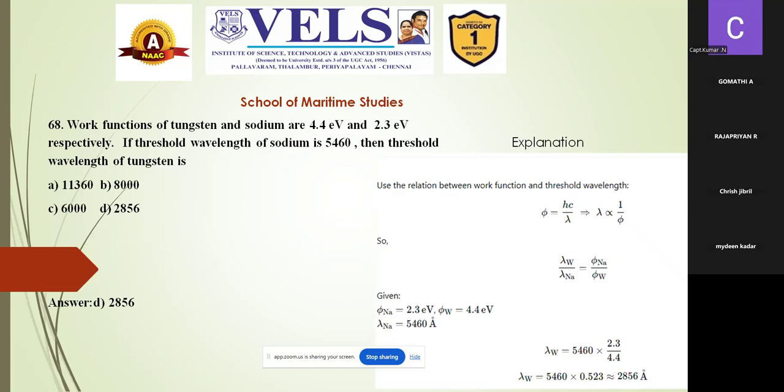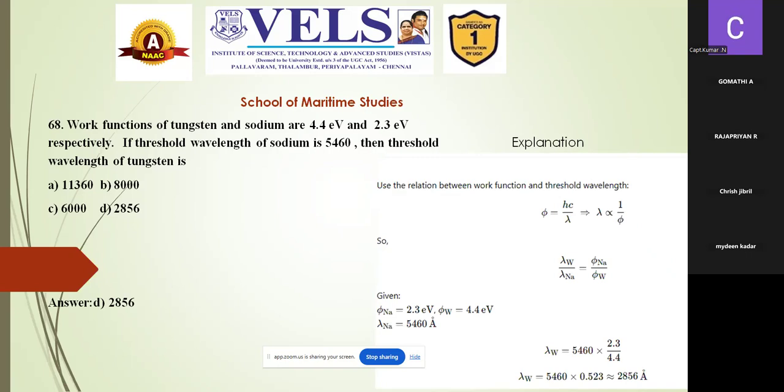Work function of sodium, phi Na, is equal to 2.3 electron volt. If threshold wavelength of sodium is lambda equal to 5460, then what is the threshold wavelength of tungsten?